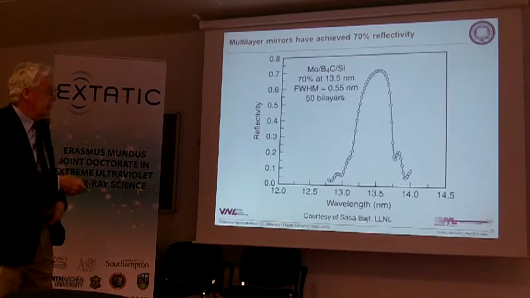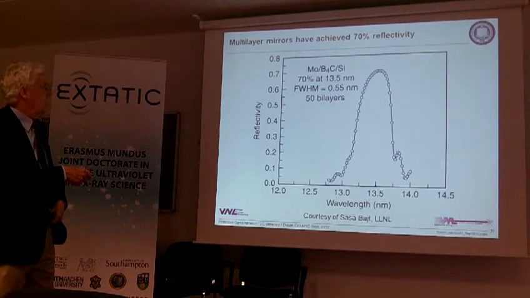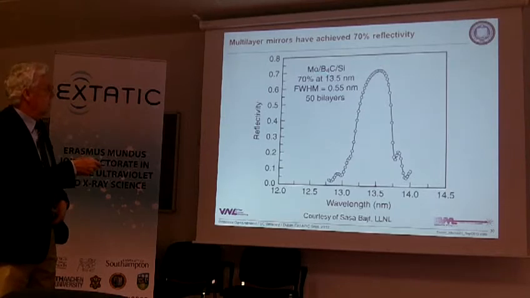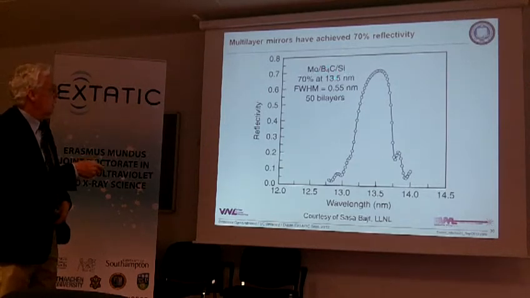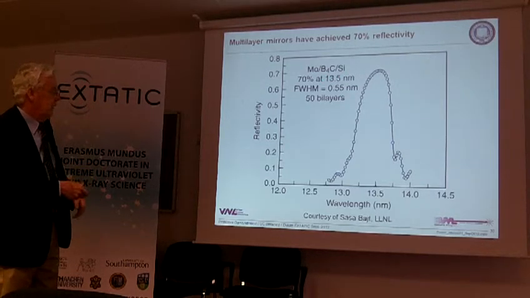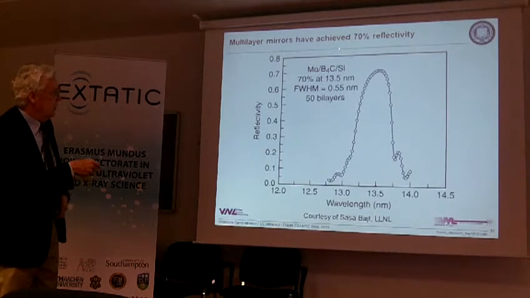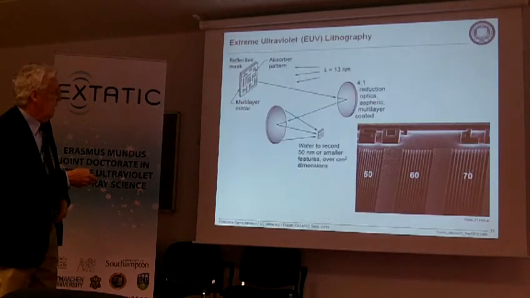This is a reflection coating, a measurement for a very good, high-quality coating of molybdenum and silicon, so moly silicon, and it's getting to 70% at this wavelength, just here. So again, the absorption edge for silicon would be here.